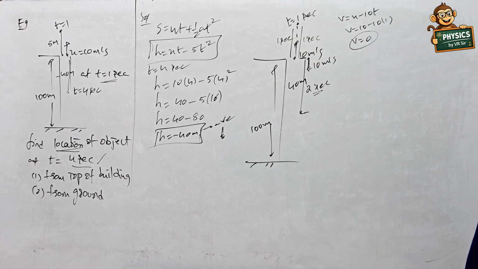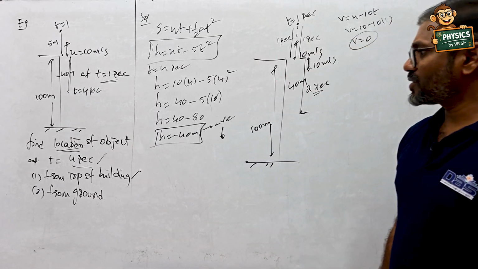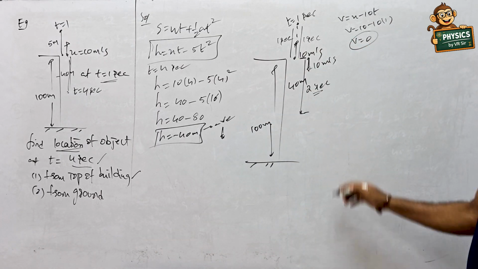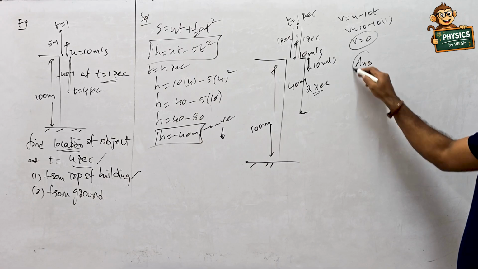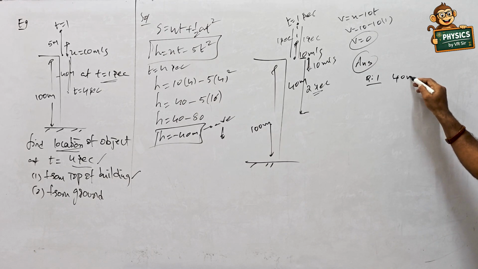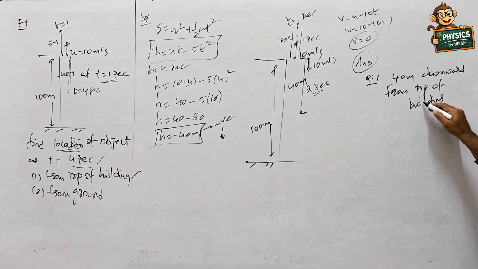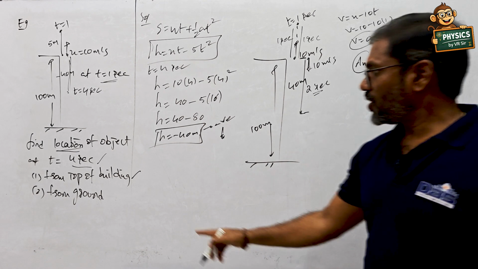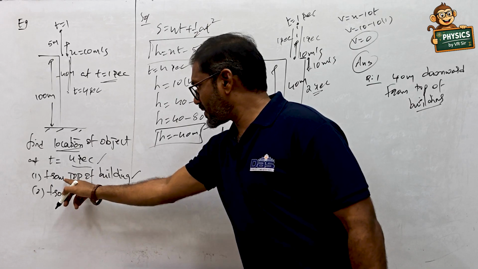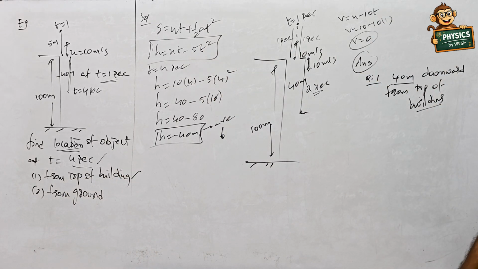Now the question is, what is the location of the object from the top of the building? The answer to the first question is 40 meters downward from the top of the building. So this is the answer: the location of the object at t equivalent to 4 seconds from the top of the building is nothing but 40 meters downward.